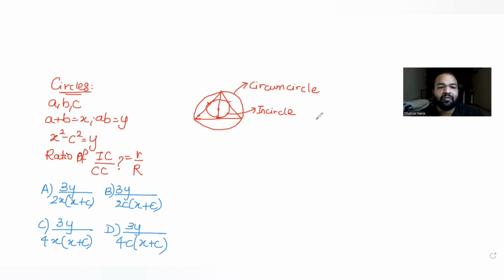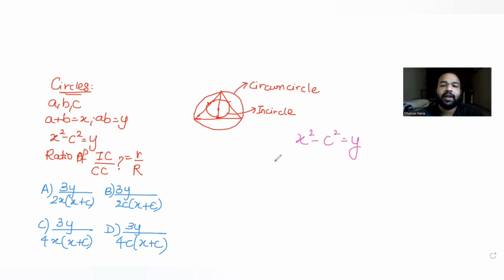So let's understand the solution for this question. Let's say the three sides of my triangle are A, B and C. A plus B is given to me as X and A into B, that is the product, is given to me as Y. And we have been given one equation that says x square minus c square is equal to 1.